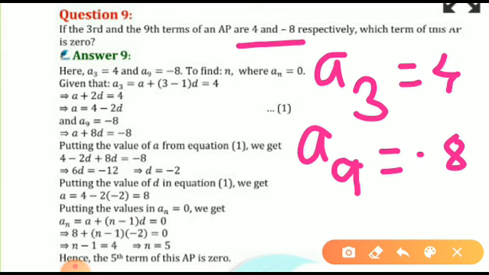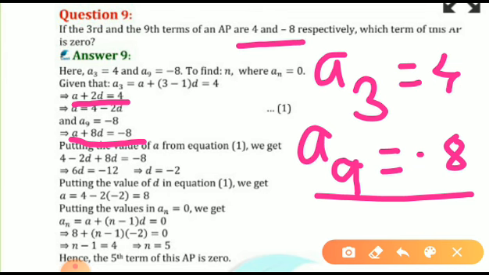Okay, so since you have been given that A3 is 4, I may write A plus 2D is equal to 4. Okay, so I can have that A is equal to 4 minus 2D. Similarly, A9 is equal to minus 8, so A plus 8D will be equal to minus 8.